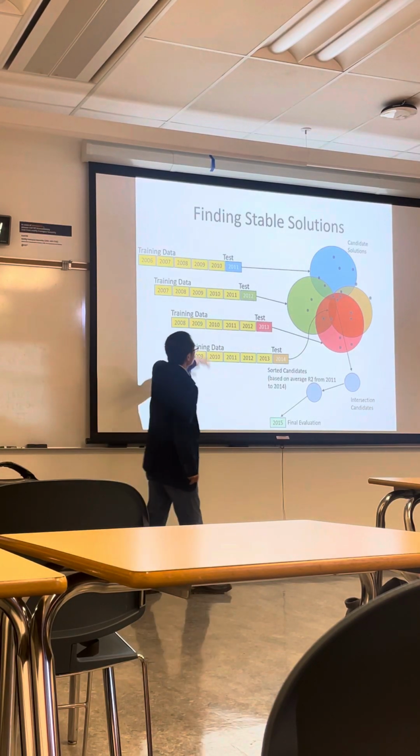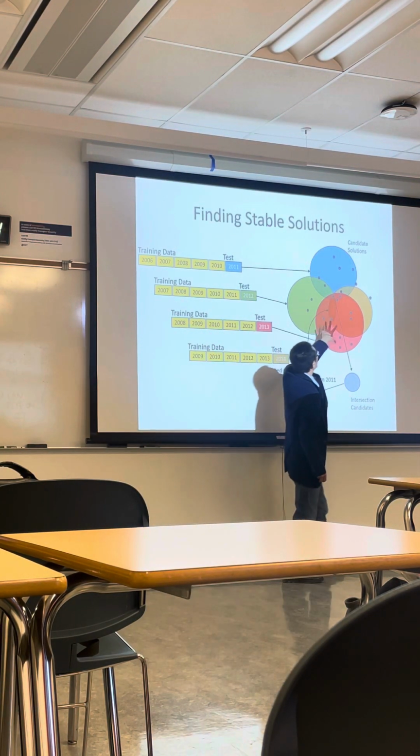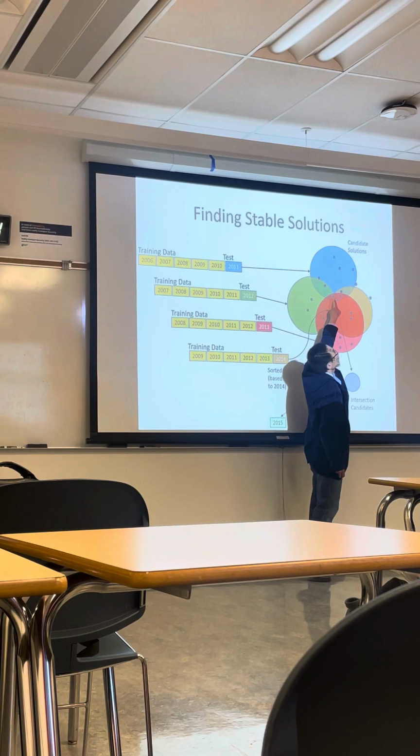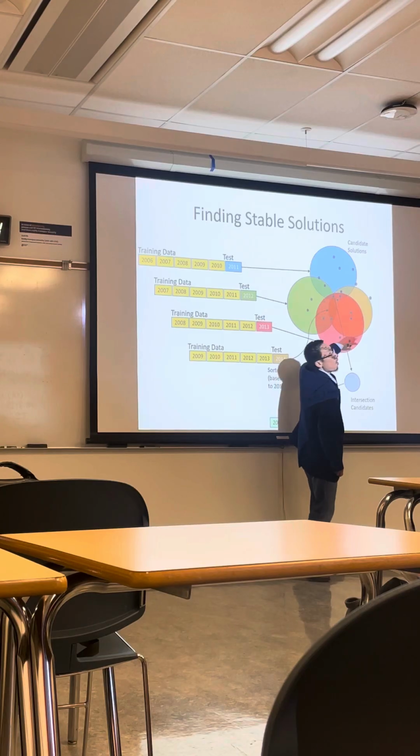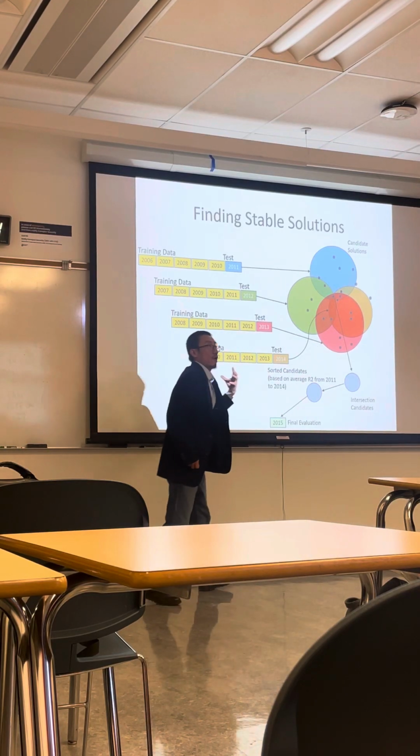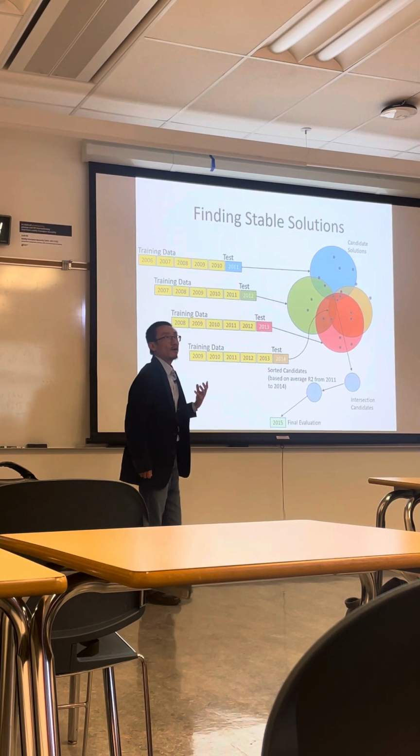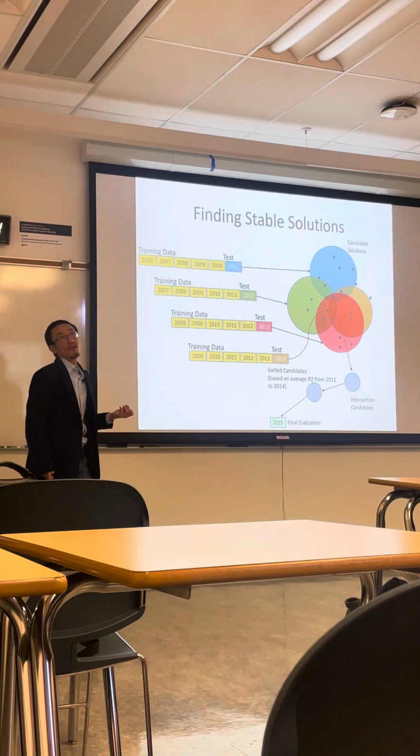I go through all of them, and I find the overlapping is this part. See this dot? This dot represents a regression solution. It's working for all those scenarios. So that's the one I would call the reliable ones.